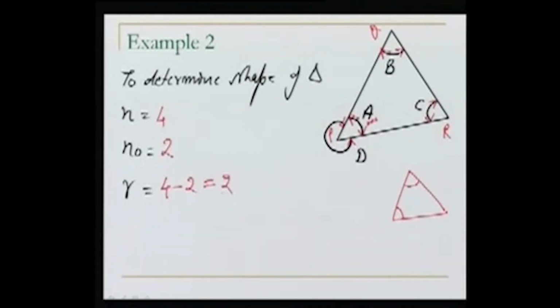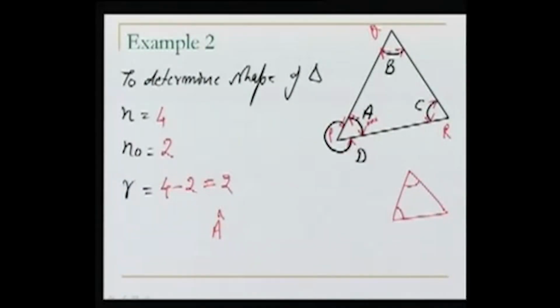So in this case, the redundancy in our model is 2. Now the important thing here, what is desired here? In order to know the shape of the triangle, the desired things are A hat and B hat, that is, angle QPR and angle PQR. If we know these two, the third one can be determined, meaning the estimate of that.